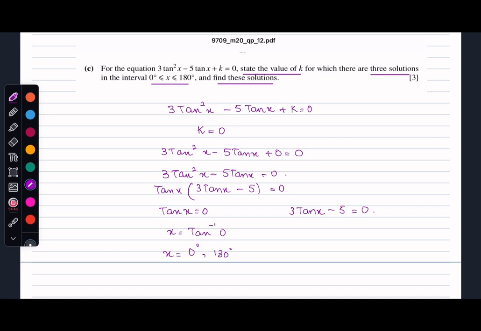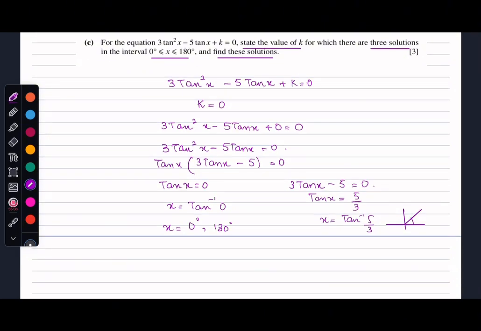Solving the other equation, I get another value for tan x, which is 5 by 3. Further, x equals tan inverse 5 by 3, and this should be in the first quadrant, being positive for tan. So x equals tan inverse 5 by 3, which is 59 degrees.